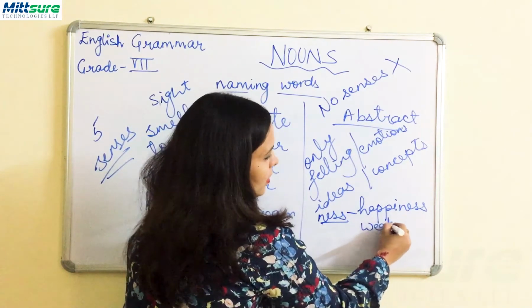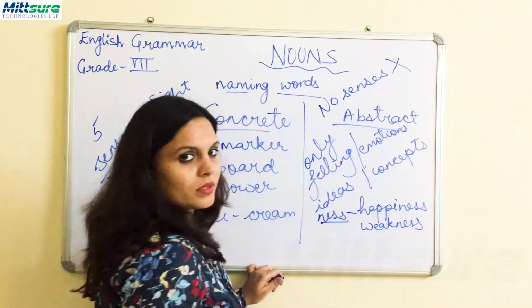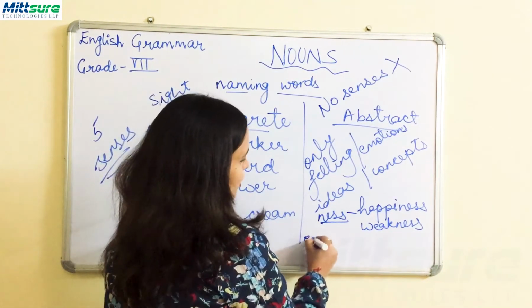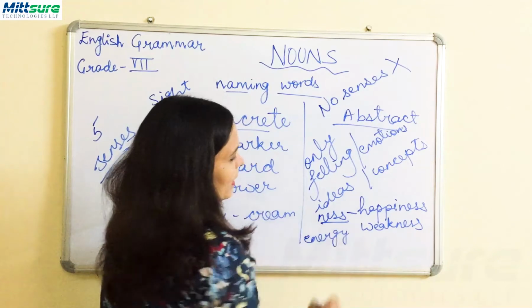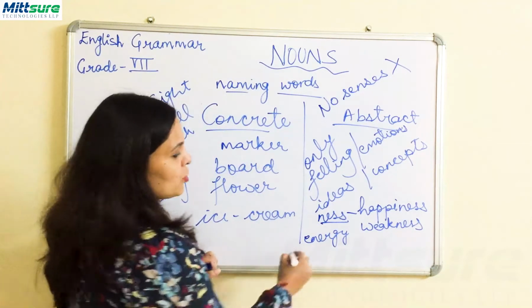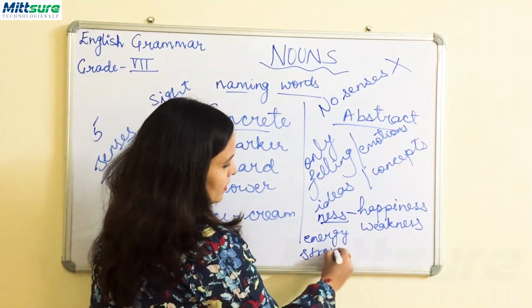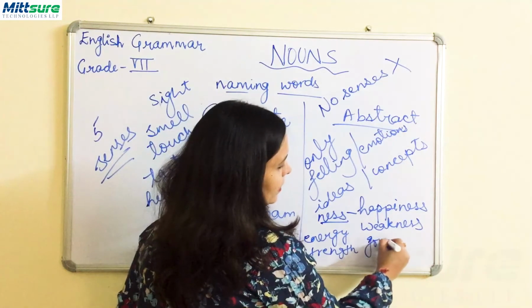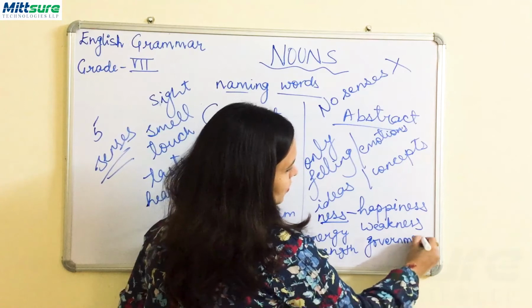These are all abstract nouns, apart from the ones which we just feel inside, like energy. Energy is felt when you eat well, right? Or strength, as I said, right? Idea, like the government, as I just explained it to you, right?